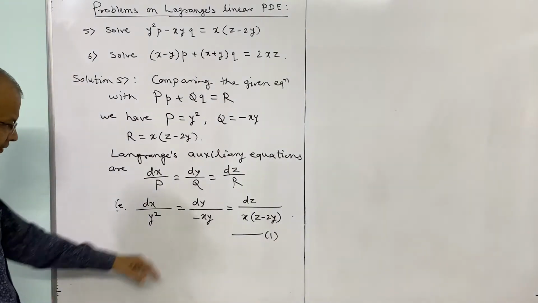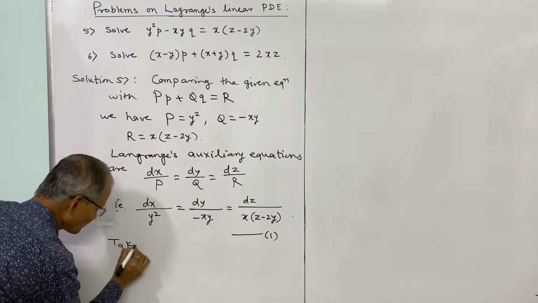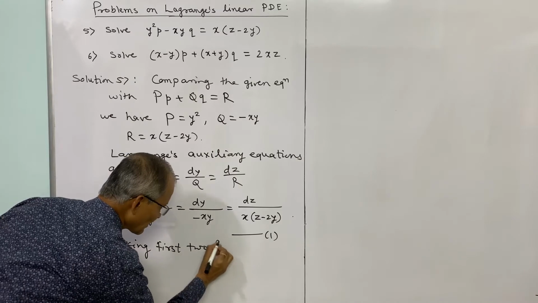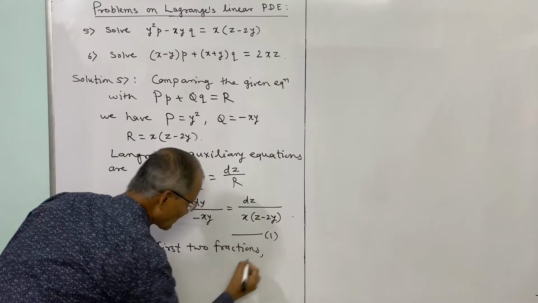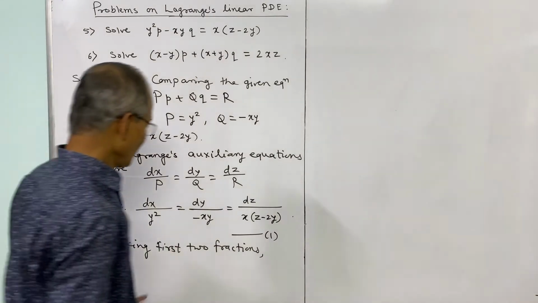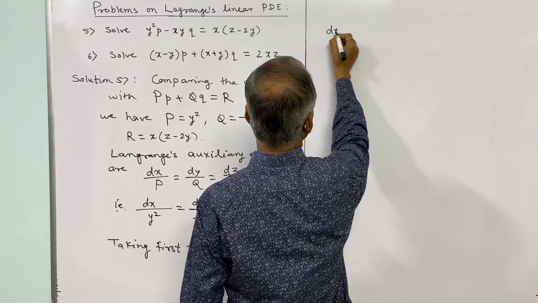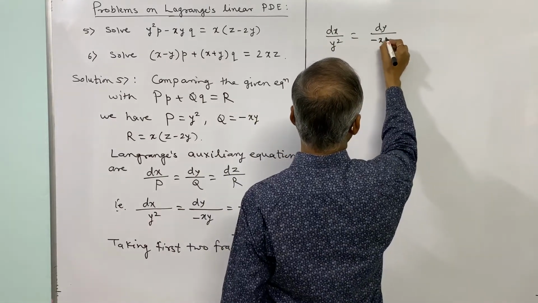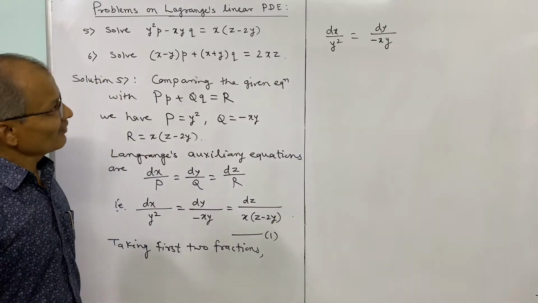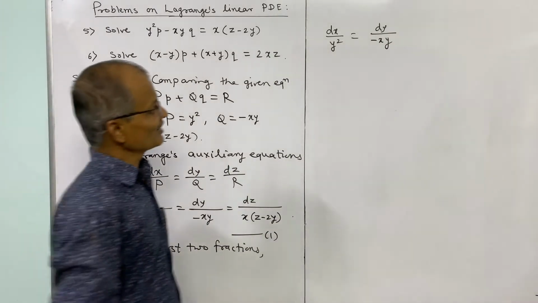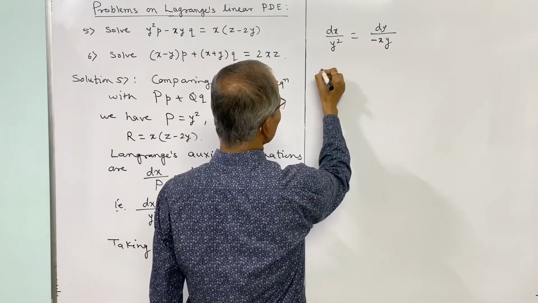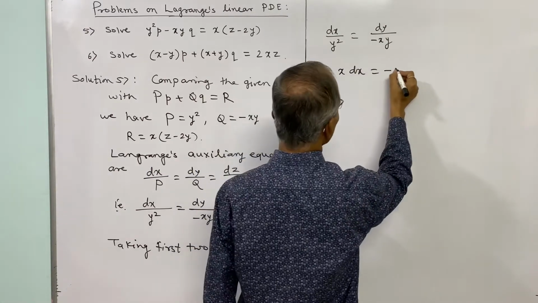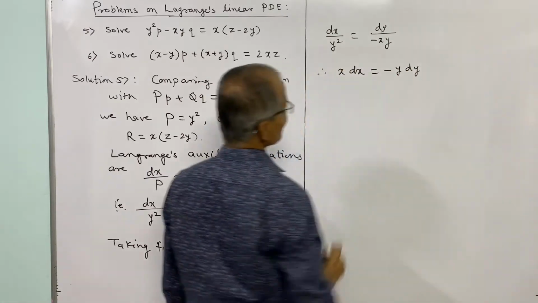So taking first two fractions, what we shall get is dx divided by y square is equal to dy divided by minus x into y. Now we can cross multiply and get x dx is equal to y square dy divided by y, means negative y dy.